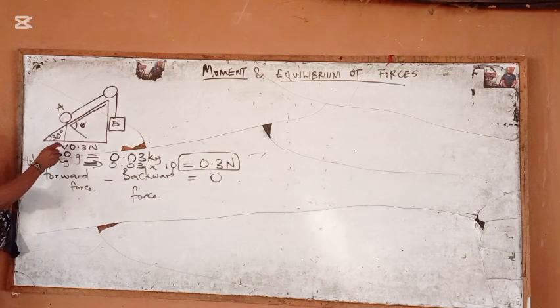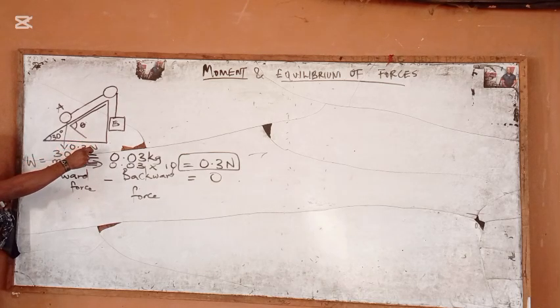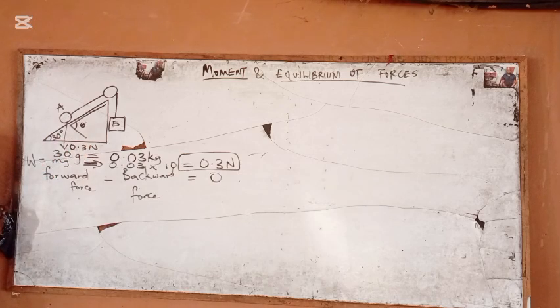So since I'm taking this force that I have here, since I've taken it to 90 degrees now, it will now be at 90 degrees to y. I told you on an inclined plane, I proved it the last time and I said I will not be doing this in this class. I said that when you are taking to the y-axis on an inclined plane, you call that force cos theta. So since I'm taking this force to y, it's now going to be 0.3 Newton cos 30 degrees.